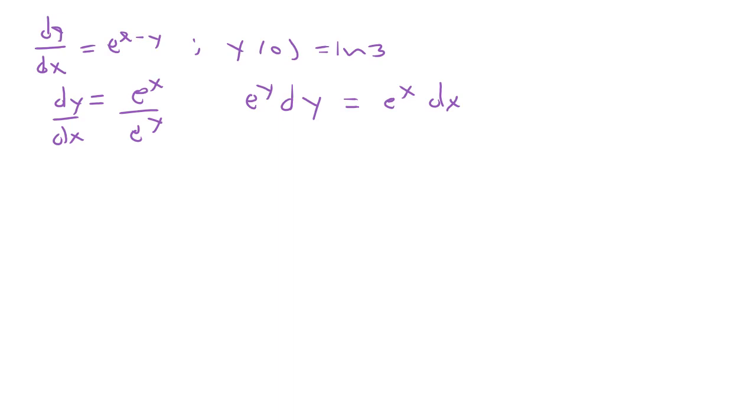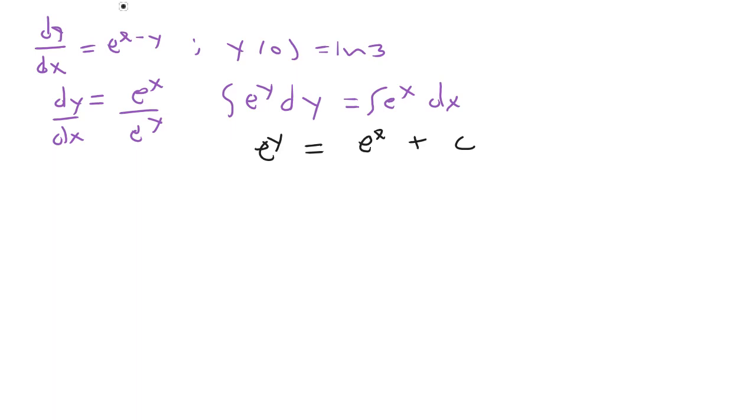Now be careful with this because we're not necessarily saying that both x and y are equal, but let's see. If we take the integral, what does that give us? Well, it gives you that e to the y equals e to the x plus c.